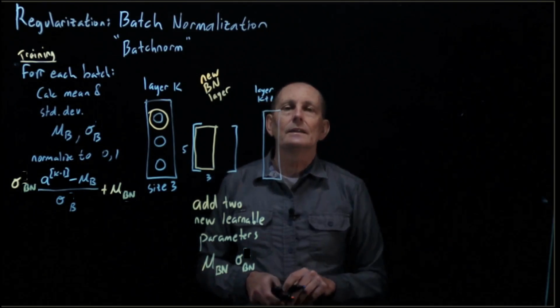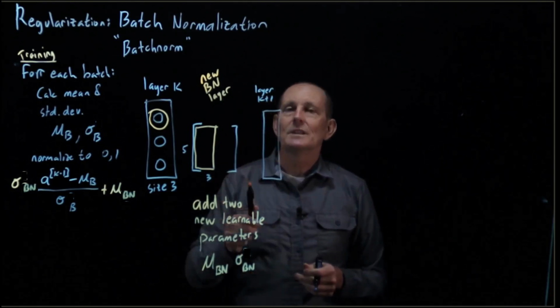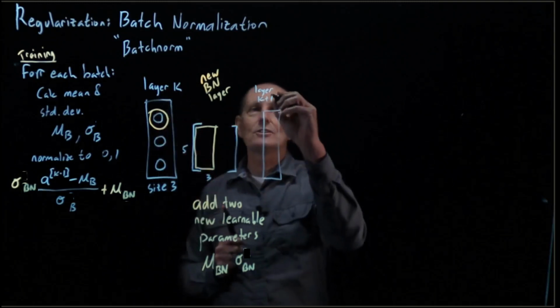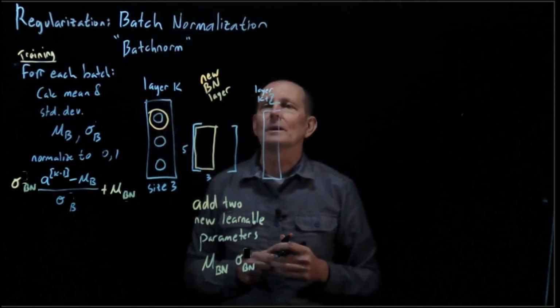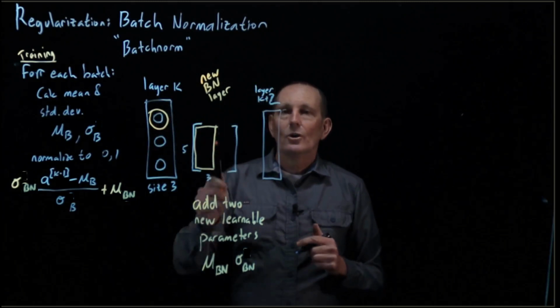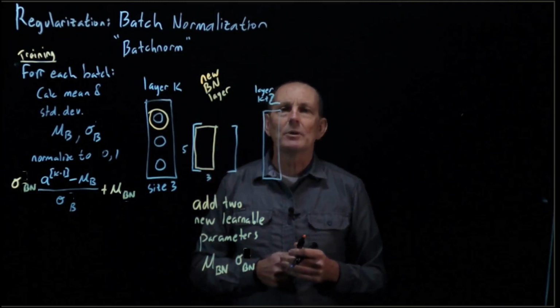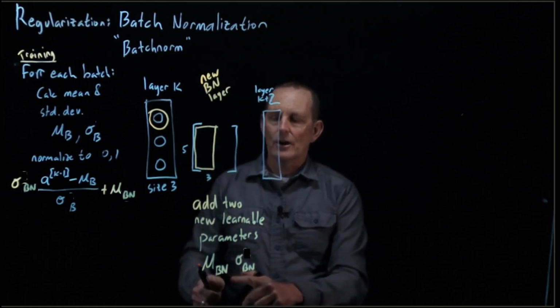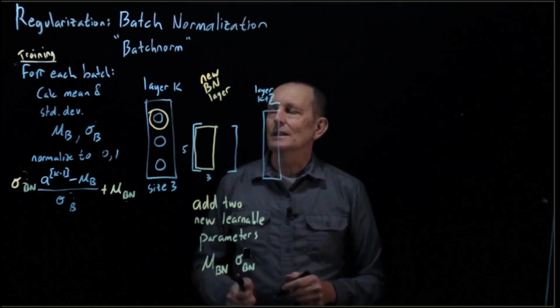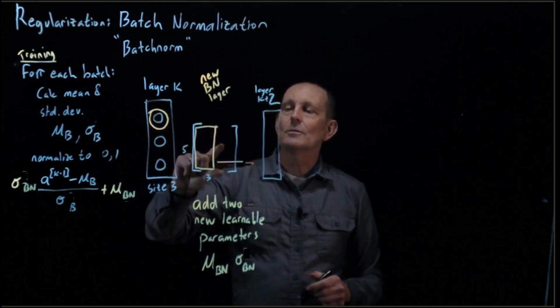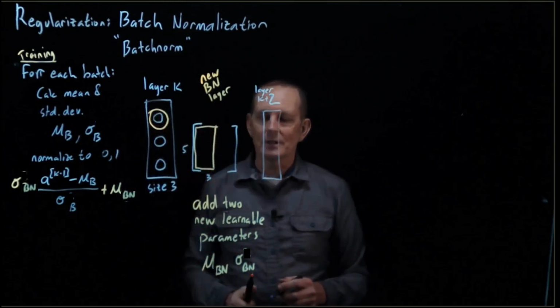We can add in then any batch normalization layer between any two other layers. So between layer k and k plus 1, we can add a batch normalization layer. This would now become k plus 2. We have now this batch normalization layer. There are no hyperparameters, but there are new parameters. So in this case, if this was size 3, the new batch norm layer is also going to be size 3.